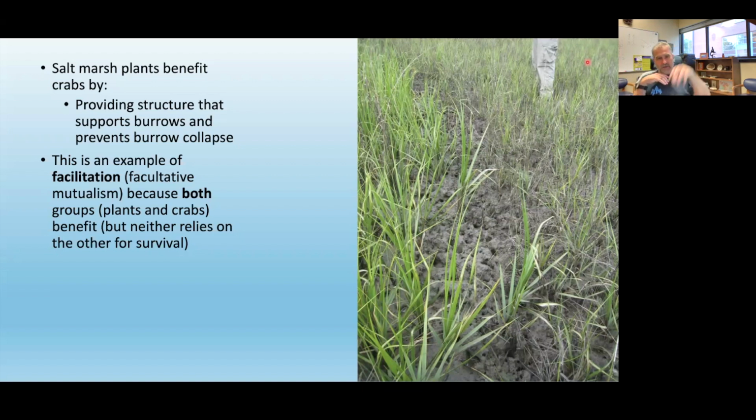So you've got these crabs burrowing that allows oxygen into the soils. They're mixing all that up. But then you also have this benefit from the plants to the crabs. So again, this is a facultative mutualism, facilitation. They're facilitating one another, but they don't really rely on each other in order to be able to survive.